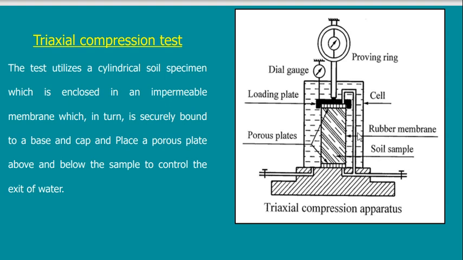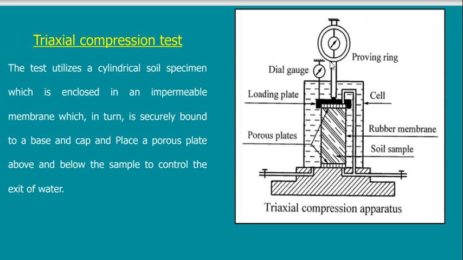I have an additional load. What is this additional load? This load on top. I can bring a piston to compress my sample from the top. So actually I'm doing two types of loads. There is a confining pressure all around. We can call it sigma 3.